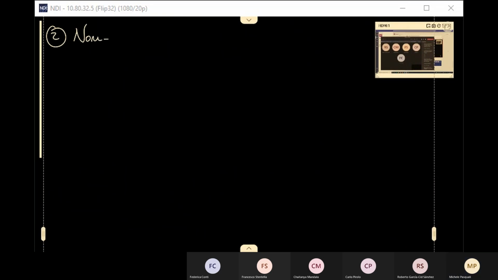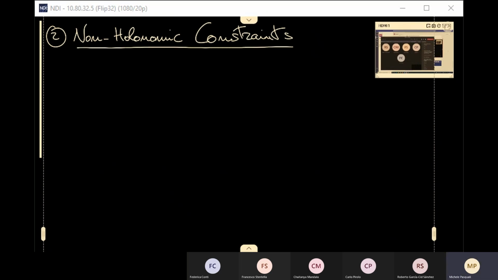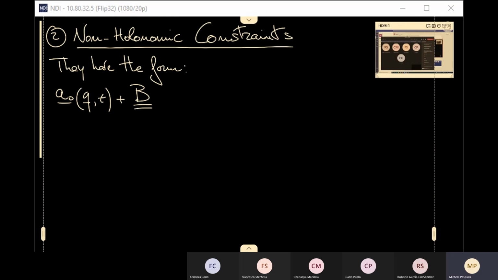They have the form A0, which is typically a function of Q and T, plus B, which is a matrix, times Q dot.